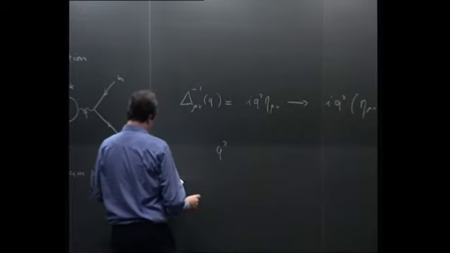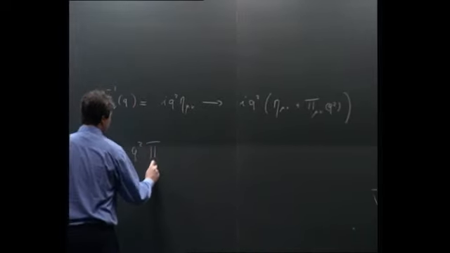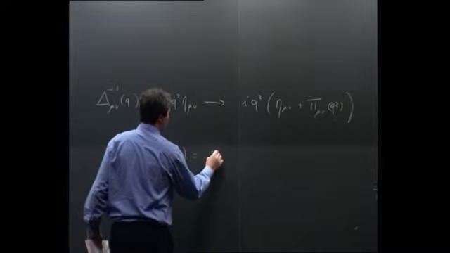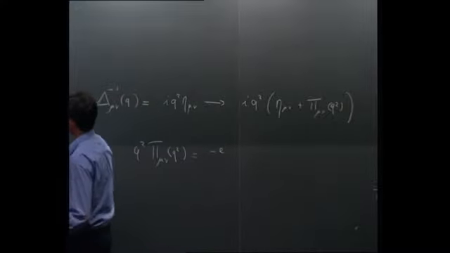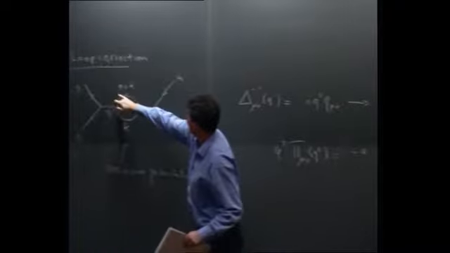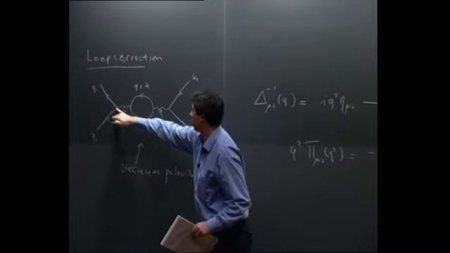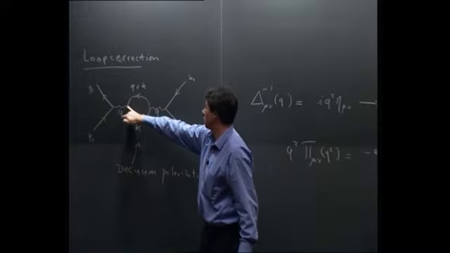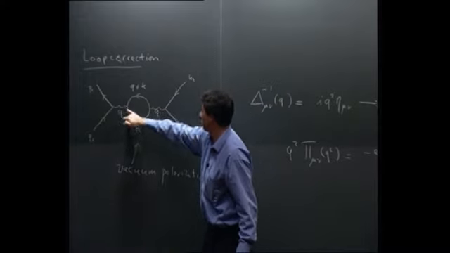q squared pi mu nu, which will also be a function of q squared, is going to be an expression. Well, it involves only this part of the diagram, so I will not write down, of course, again these vertices. I'm going to write down only those vertices that are contained in this part of the diagram.